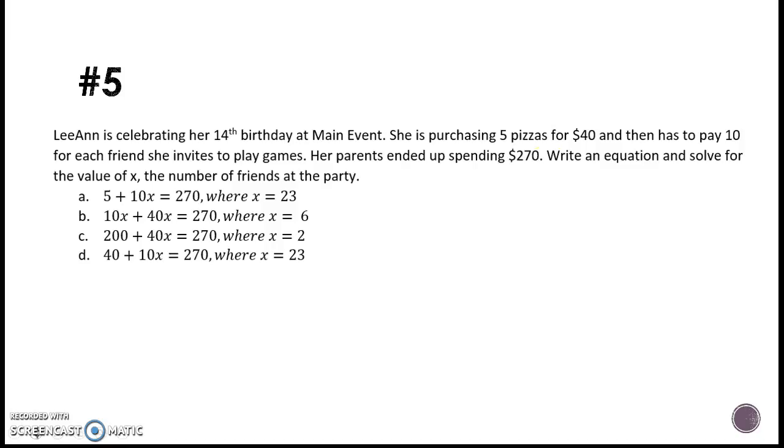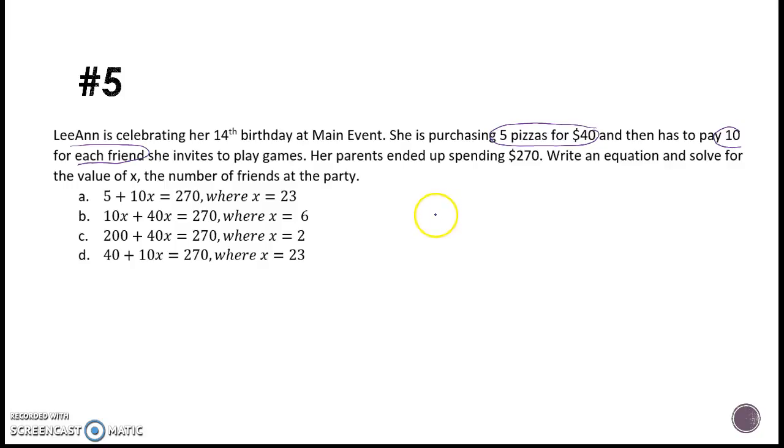Okay, so she's purchasing 5 pizzas for $40. $10 for each friend she invites. Okay, so 5 pizzas for $40. So is that 5 for 40 each, or is it 5 for a total of 40? All right, so they're spending a total of $40 on pizzas.